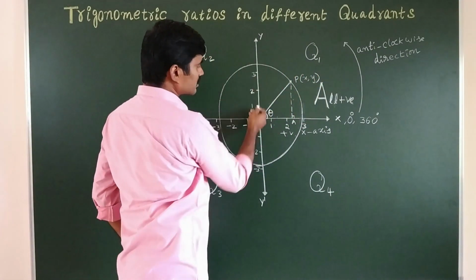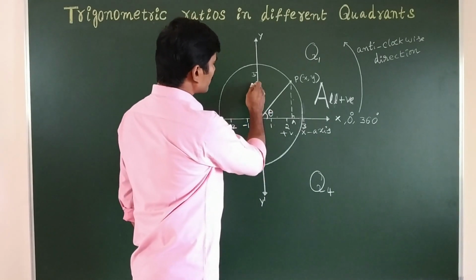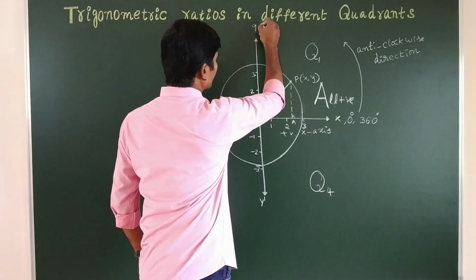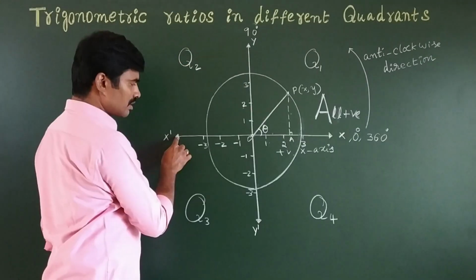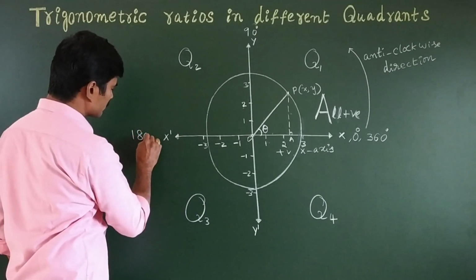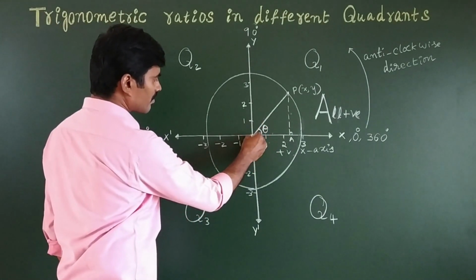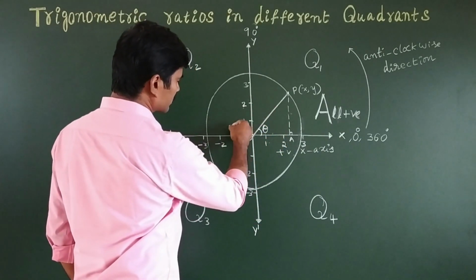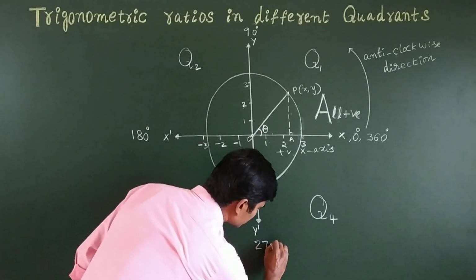If the positive y-axis is the terminal ray, the angle with the positive x-axis is 90 degrees. The negative x-axis makes an angle of 180 degrees, and the negative y-axis makes an angle of 270 degrees.